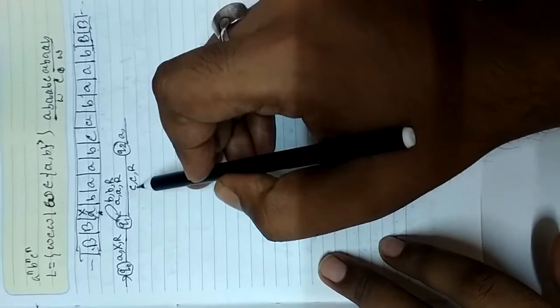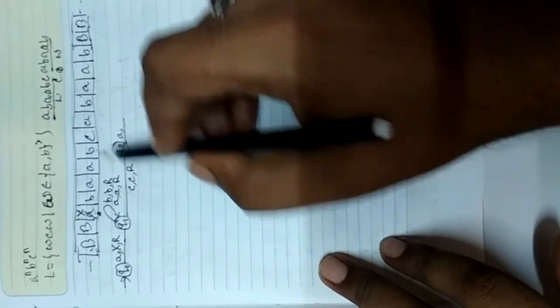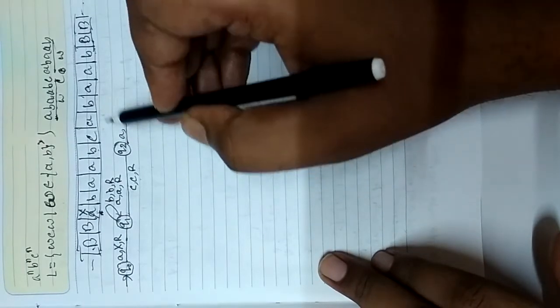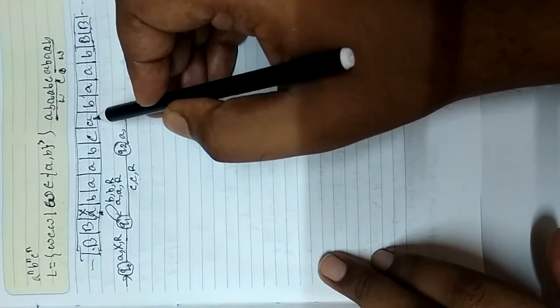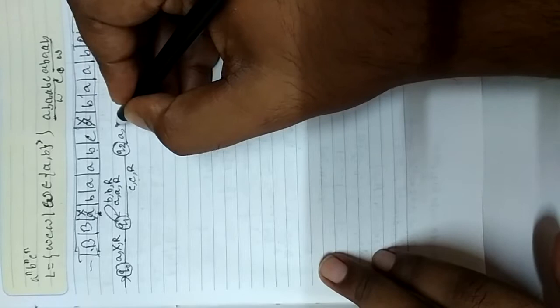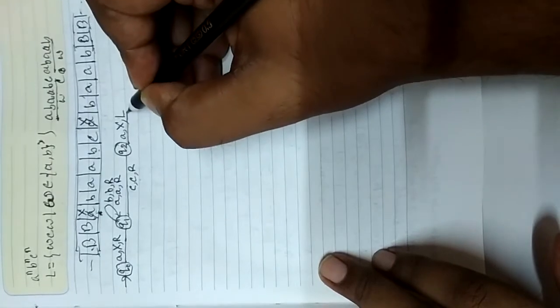Next it reads C, replaces C by C and moves right, and changes its state to Q2, and it will first encounter A. While reading A, it replaces this A by X, but it moves towards left. Very good.